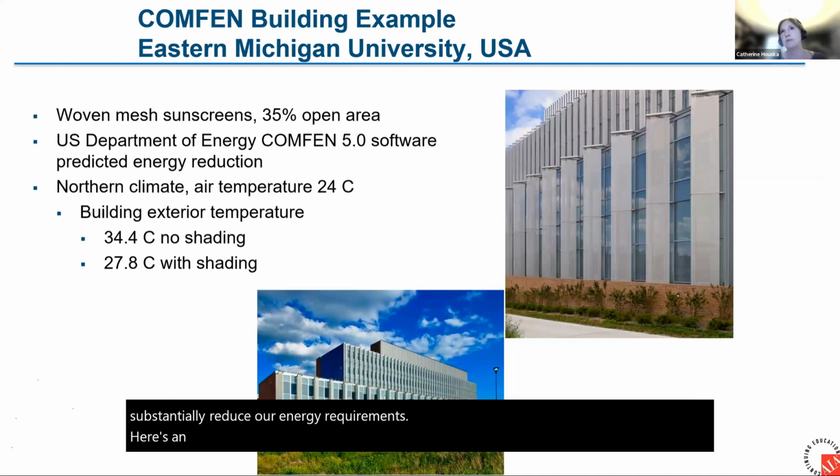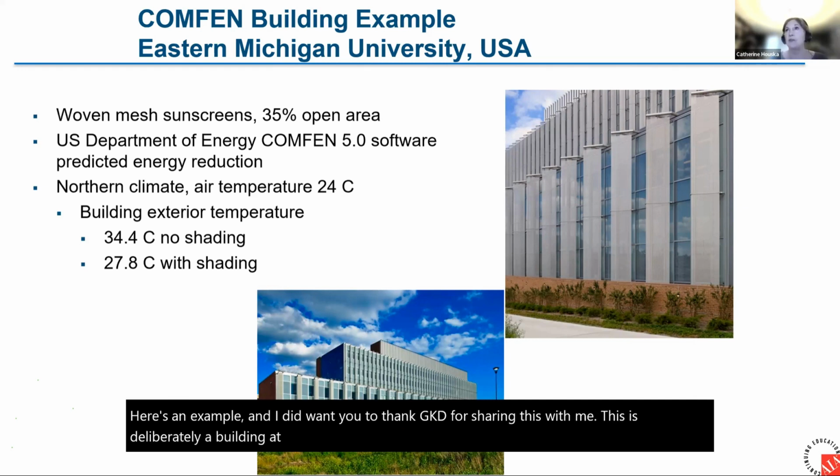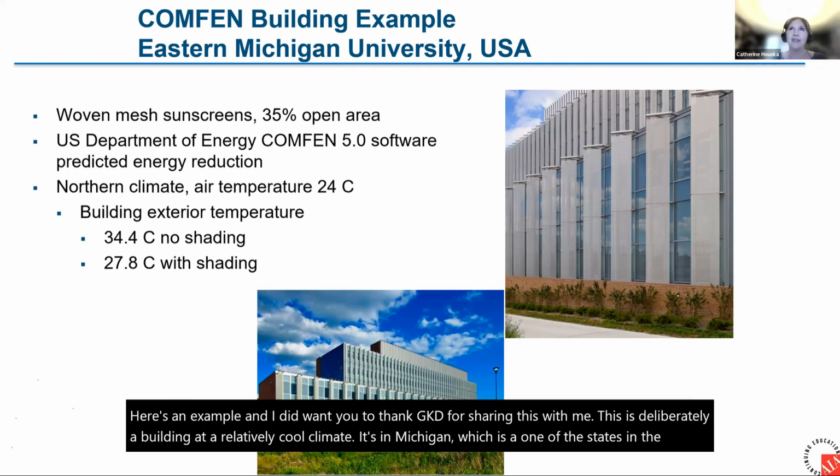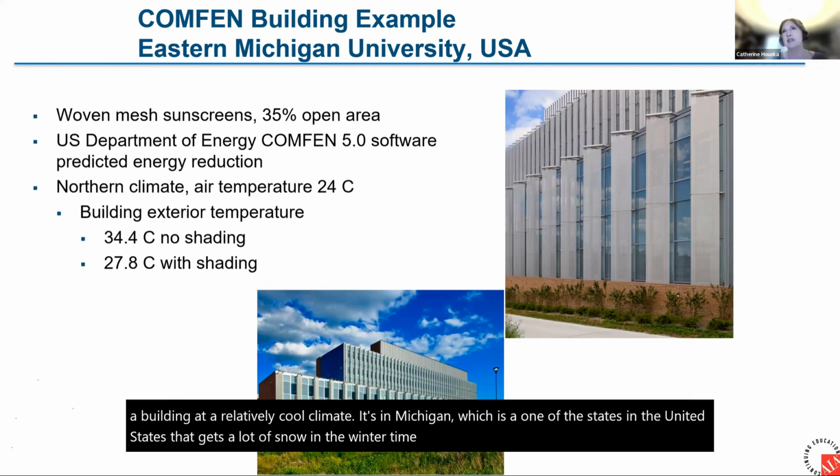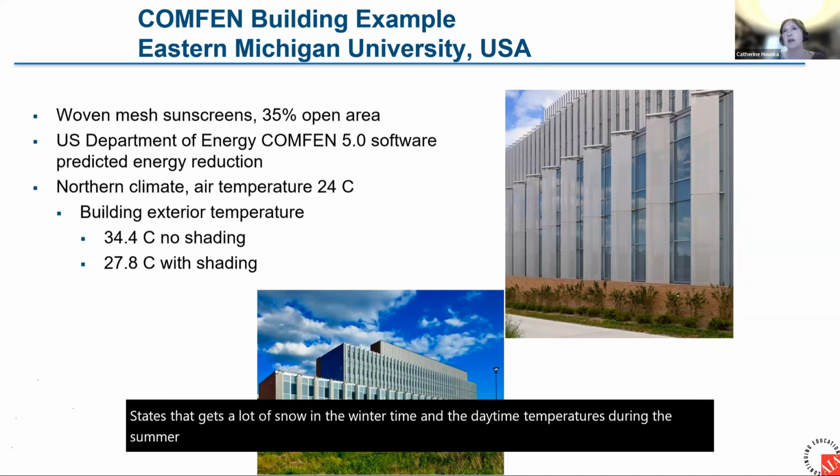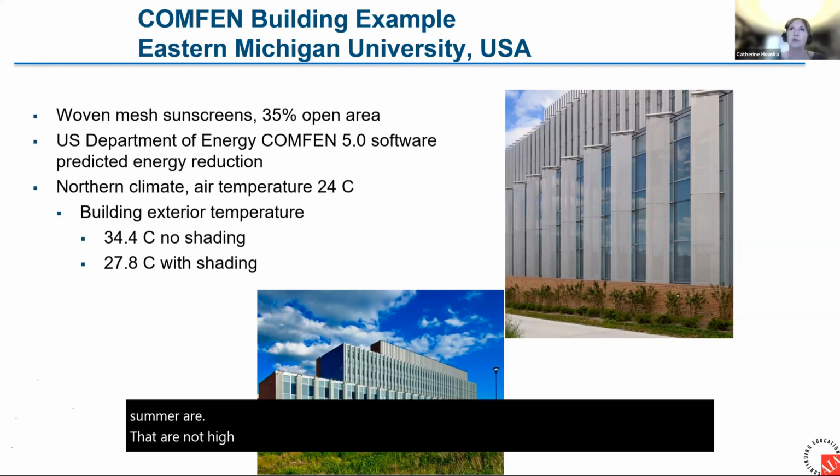Here's an example, and I did want to thank GKD for sharing this with me. This is deliberately a building in a relatively cool climate. It's in Michigan, which is one of the states in the United States that gets a lot of snow in the wintertime. And the daytime temperatures during the summer are not high compared to the warmer U.S. states or hotter locations around the world.